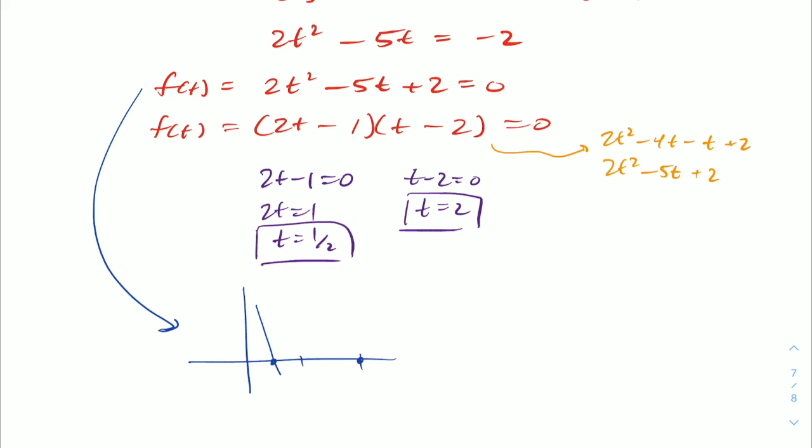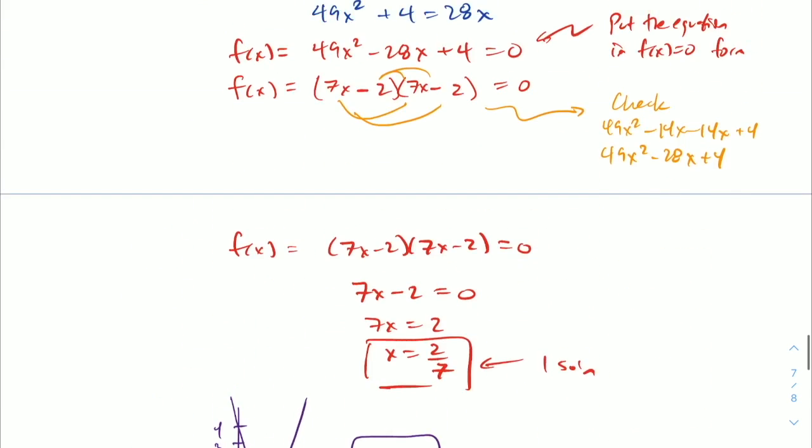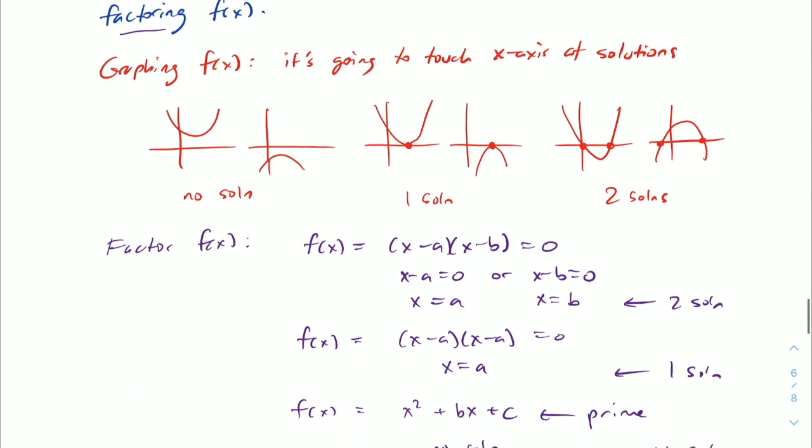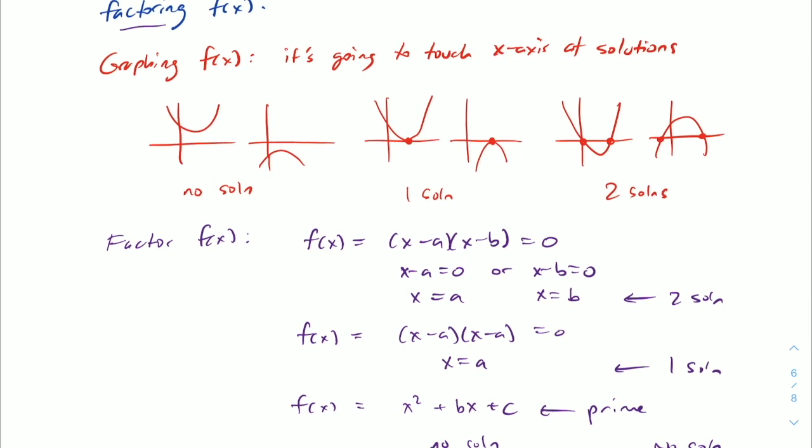It's going to look like this. And we get the same two solutions. All right, so you can see that we can solve these quadratic equations by graphing or factoring, and in both methods we get the same solution. I hope you found this video useful.